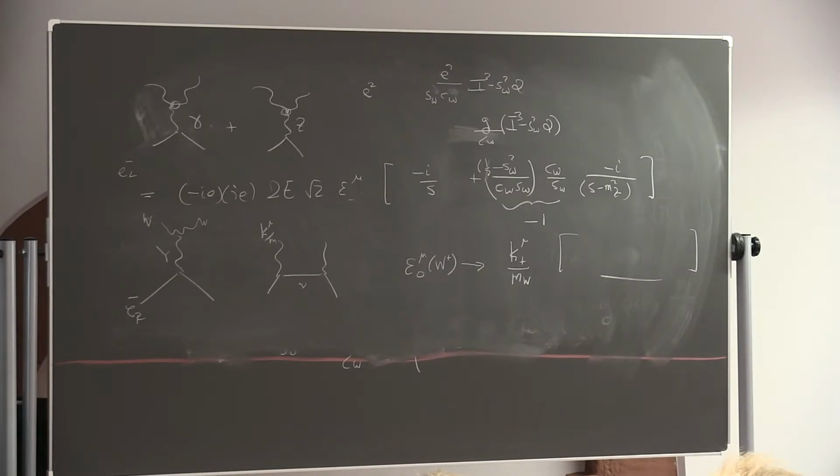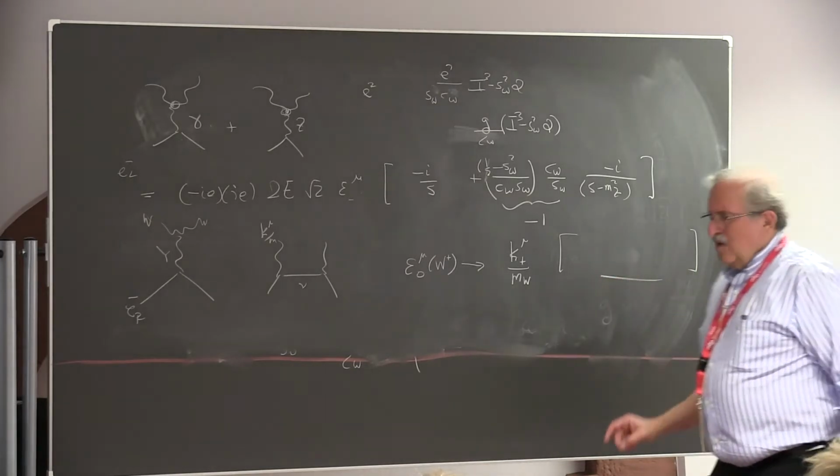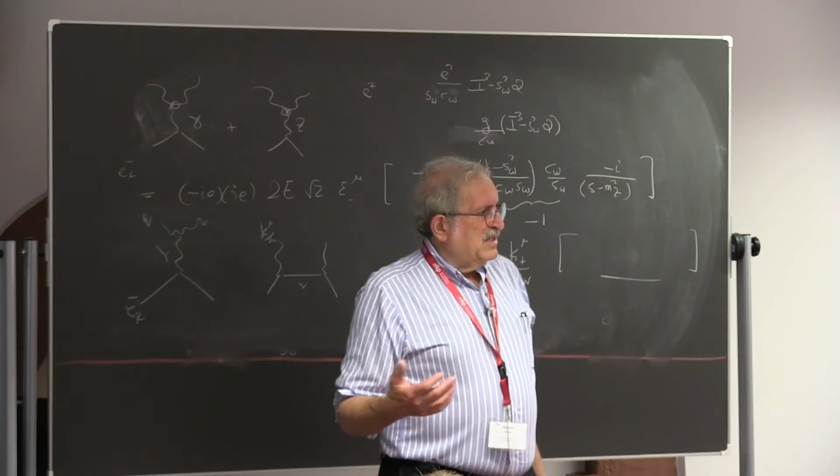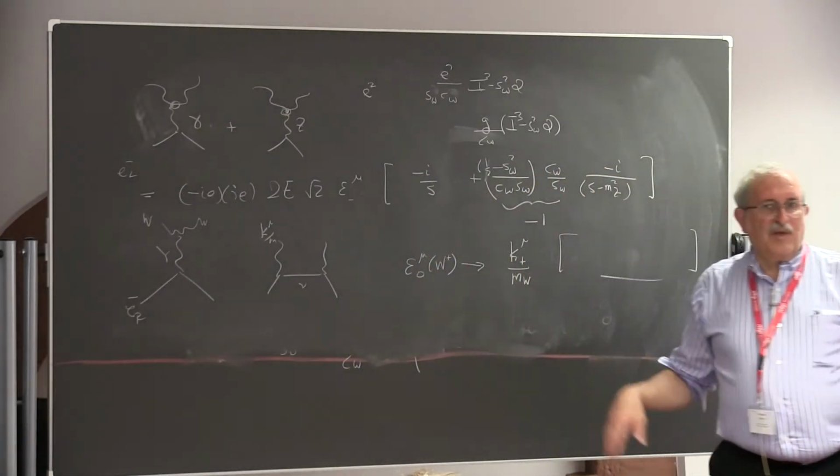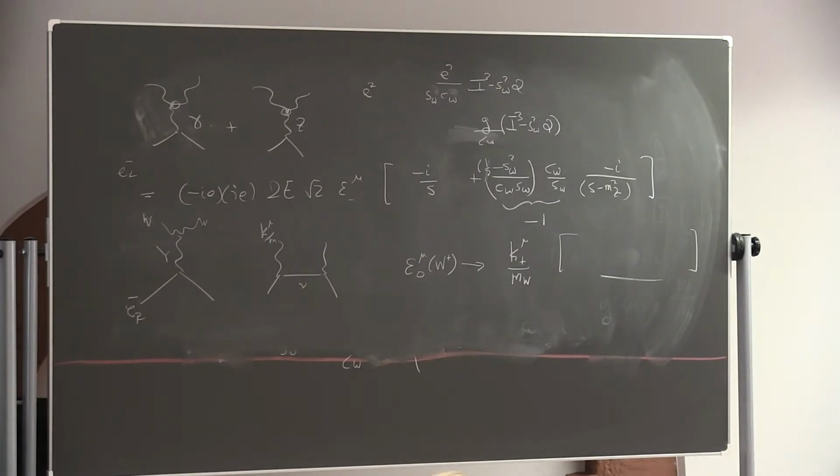It's a little harder to show in this case that what's left over is indeed the Goldstone boson result. So this approximation doesn't suffice to show that. But at least it's a fun exercise to show. It's true, by the way, but it's just a little harder to show.